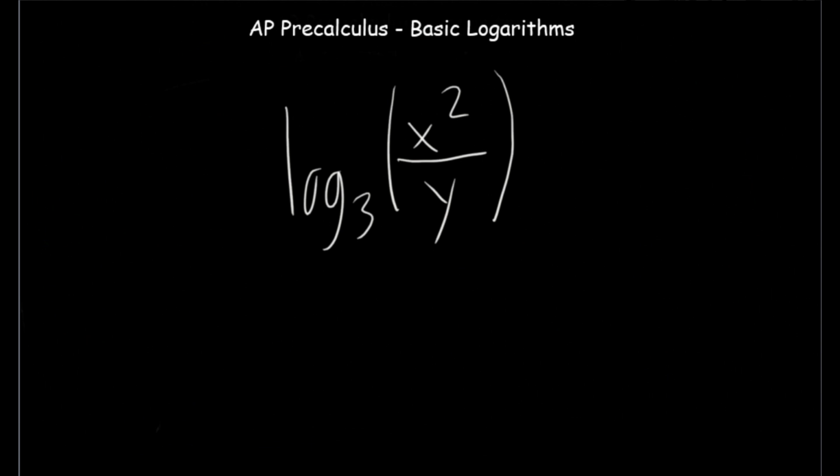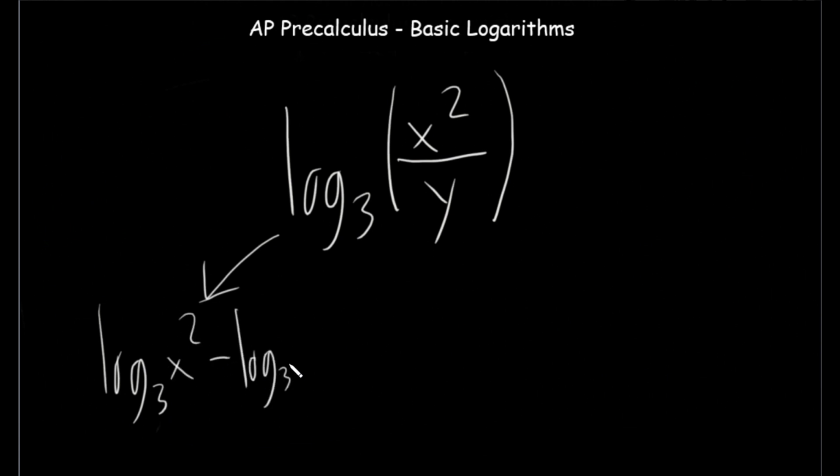But if not, then you've got to remember that to expand this, firstly, you're going to have log base 3 of x squared minus log base 3 of y, because we're dividing by y. We're dividing x squared by y, so we can infer that x squared is in a positive log, whereas y is in a negative log, like this.